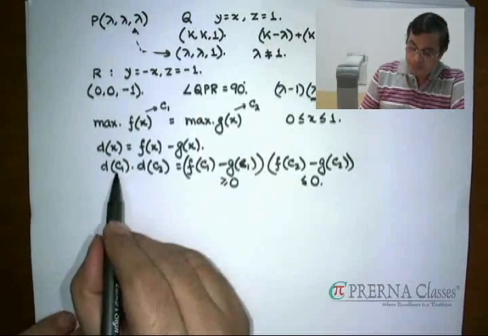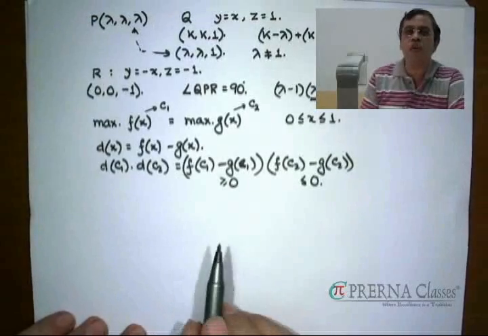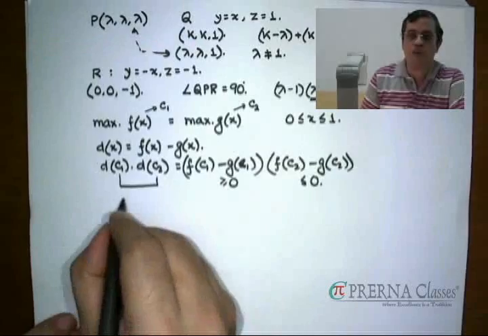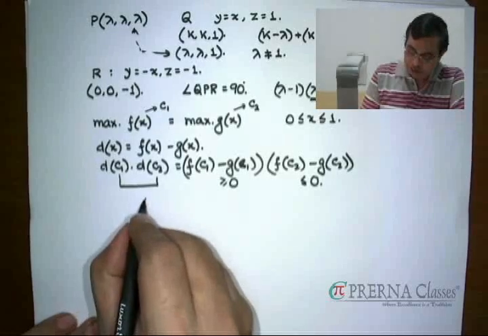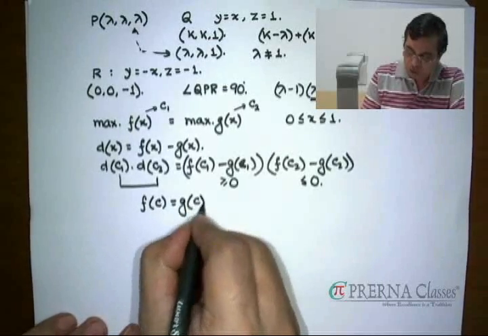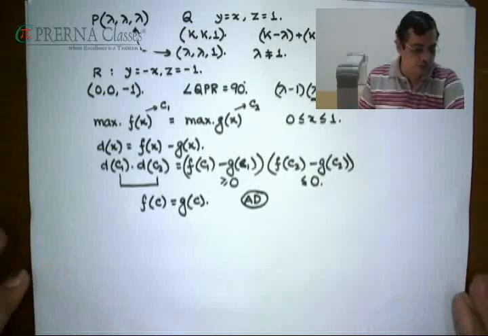Clearly then, if the product of d of c1 and d of c2 is either 0 or negative, that tells us then that somewhere in between c1 or c2 or at either of these 2 points, I need to have d of x equal to 0. Or in other words, there is going to be some c for which f of c is equal to g of c. If this happens, by direct substitution, we can verify now that options A and D are going to be correct for that question.